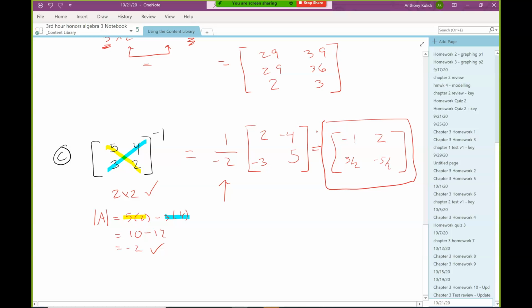Everybody okay with that? So this is not hard, right, to find these inverses. It was hard to come up with the formula. That was really difficult. But to actually execute the formula, it's not so bad. At least for a 2x2. It's actually quite difficult to do this for a 3x3 and a 4x4, but we're not doing any of that stuff by hand.